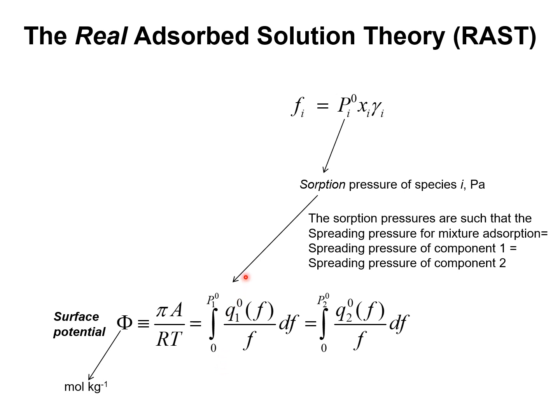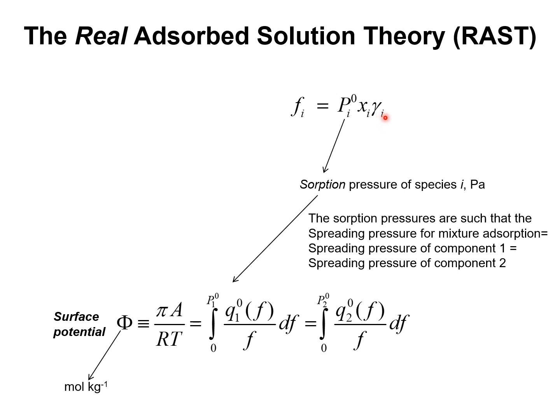In order to quantify the deviations from the ideal adsorbed solution theory for the 4 different scenarios highlighted in the foregoing slides, we need to introduce activity coefficients gamma i for each of the guest constituents.